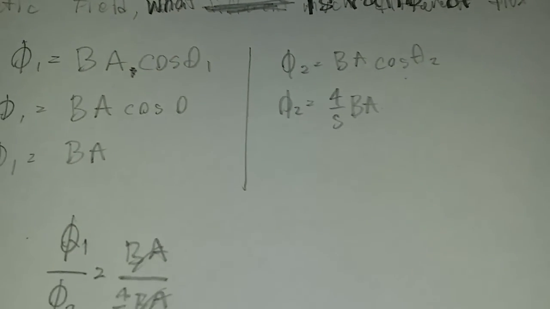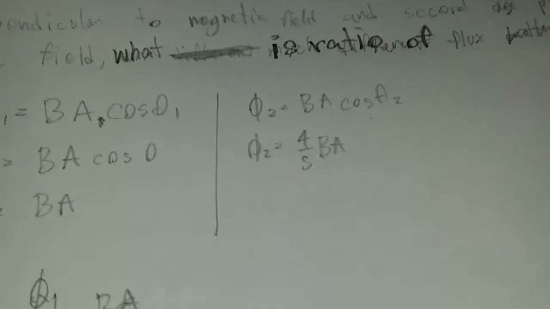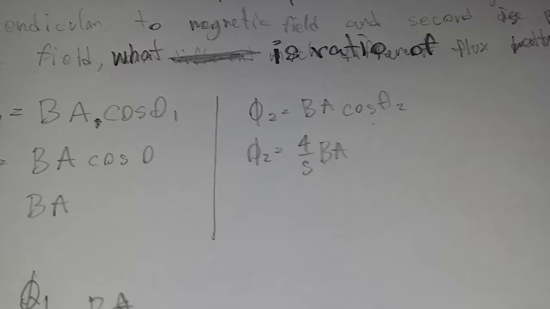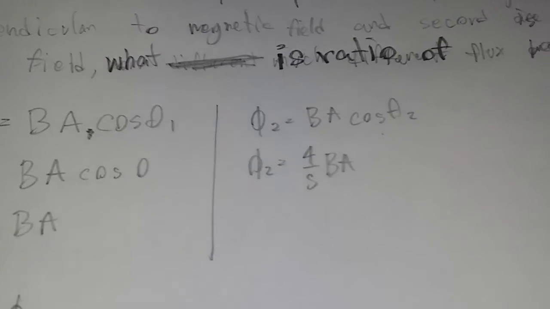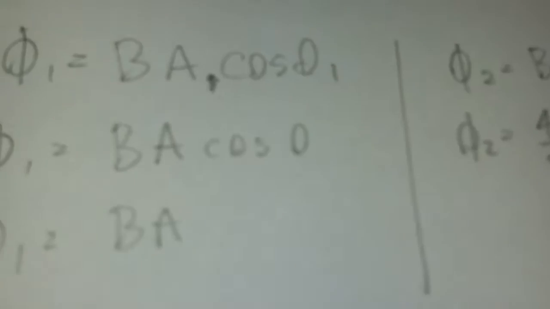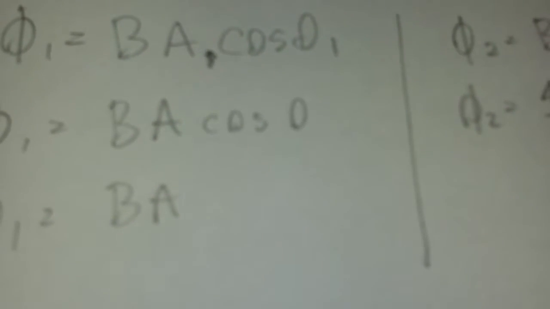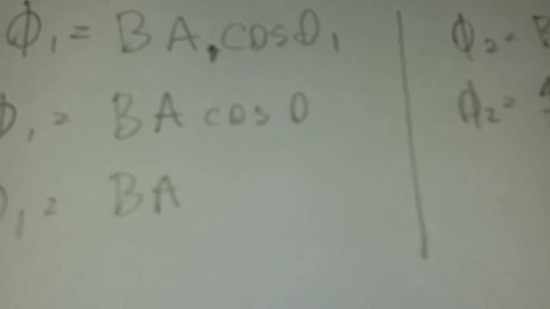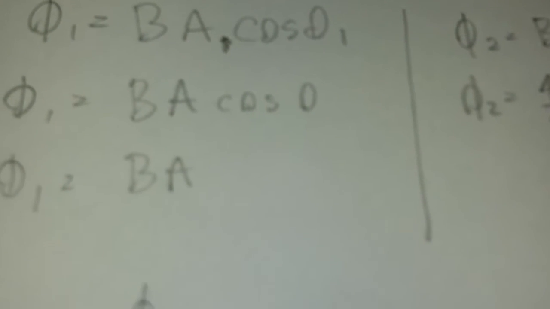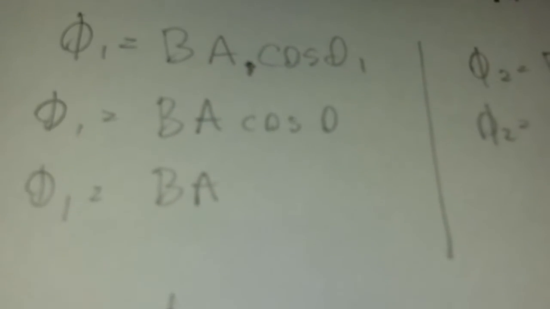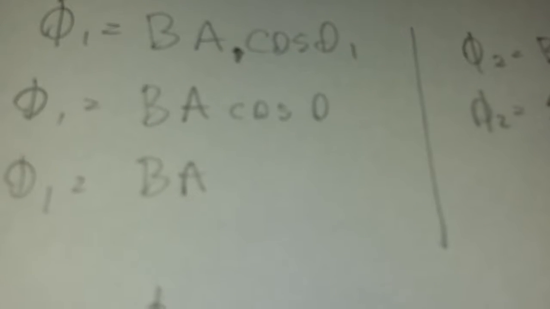First, we use the equation flux equals magnetic field times area times cos theta. For the first one, flux 1 equals B times A times cos theta 1. Now the theta will be 0 because it lies on the normal line that is perpendicular to the magnetic field.